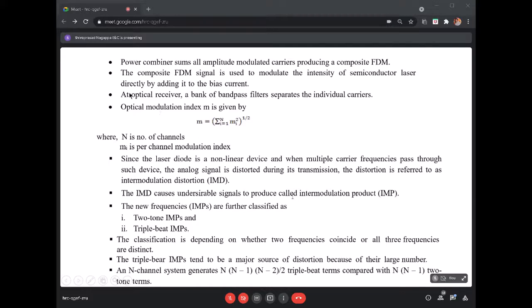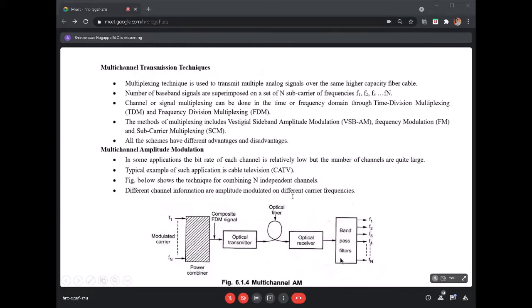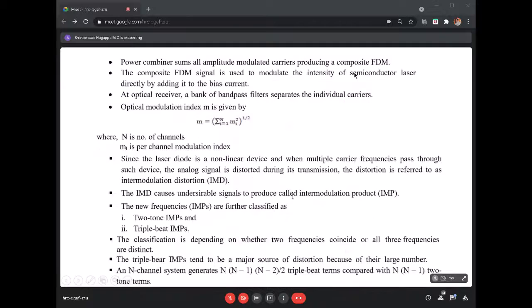At the optical receiver, band pass filters are used to separate the individual carriers. The optical modulation index M is given by M equals the square root of the summation of mi squared, for i equals 1 to n.